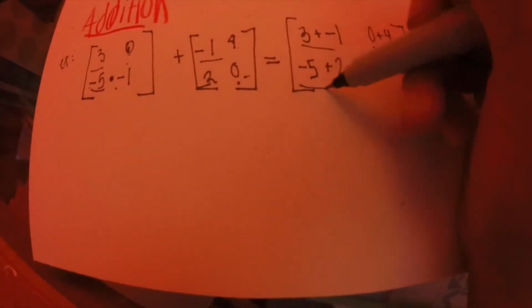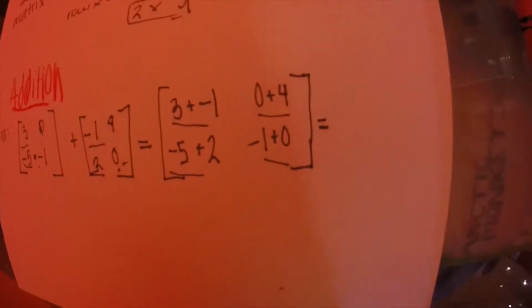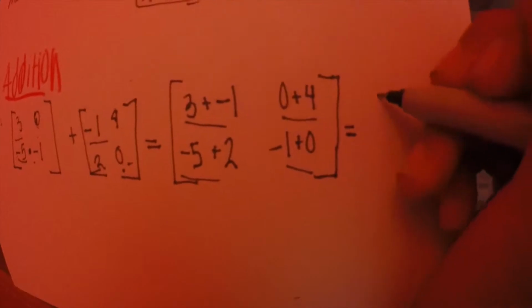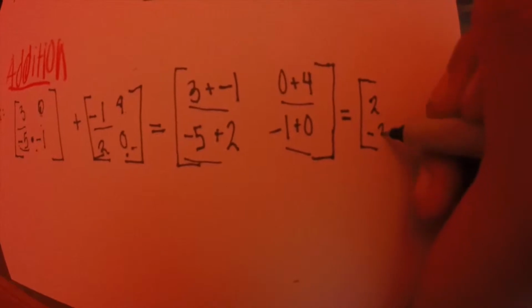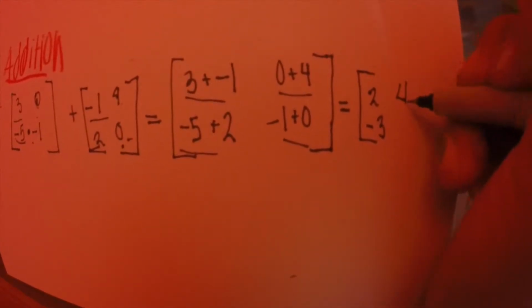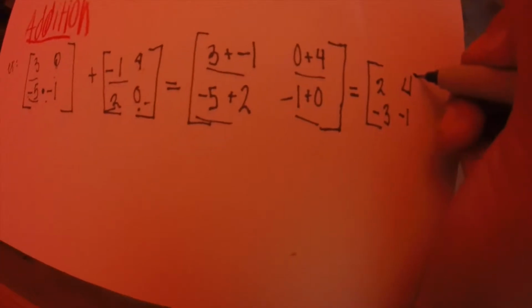Each of these answers equal your new matrix in exactly the order that you wrote them. Therefore, your new matrix should equal 2, -3, 4, and -1. It is all about placement. Place number 1 on the first matrix added to place number 1 on the second matrix added equals your new matrix.